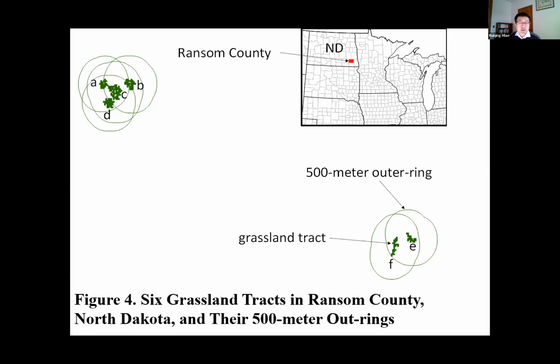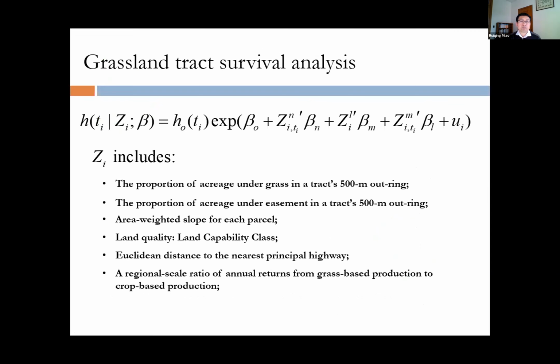The first task of the analysis is to estimate the conversion probability of these 6 grassland tracts. So we use the regression results from a recently published paper by Aurora, Hongli, and David in GIM.